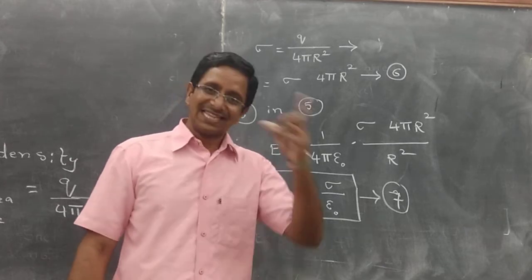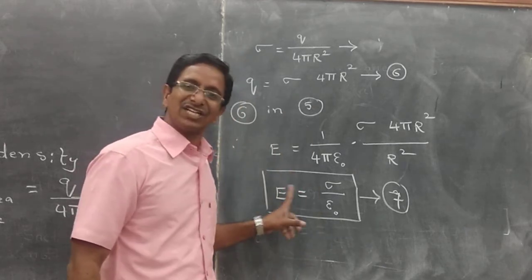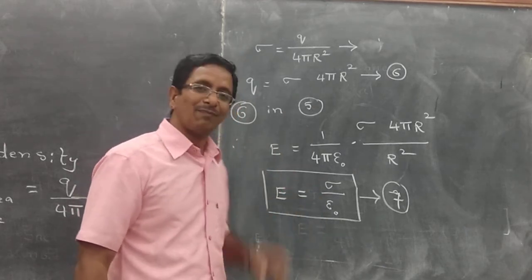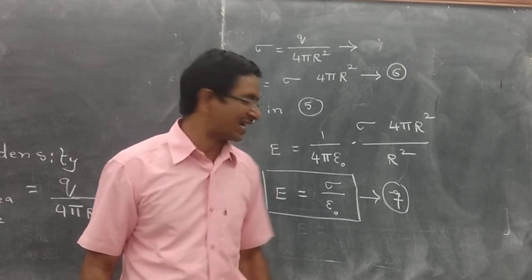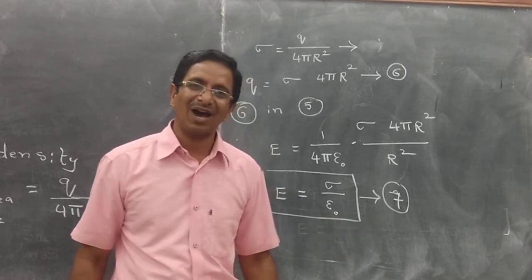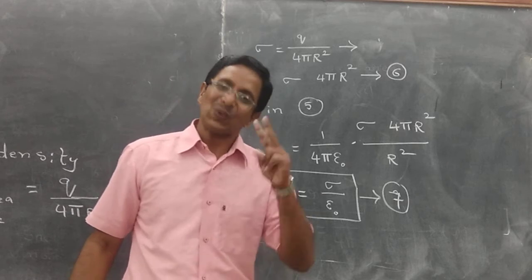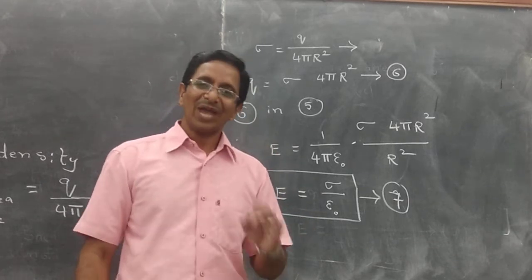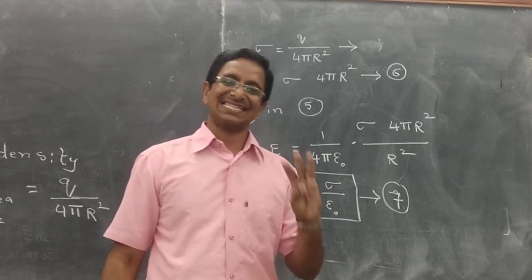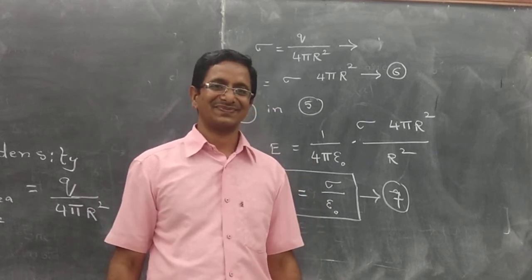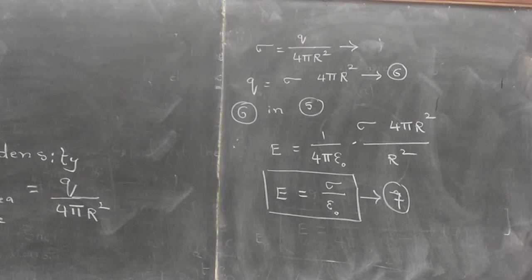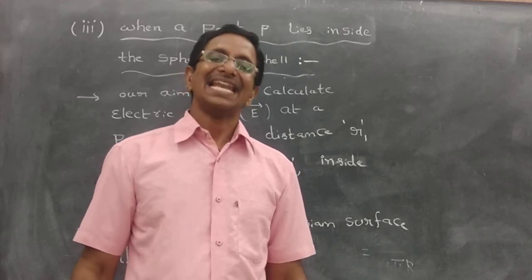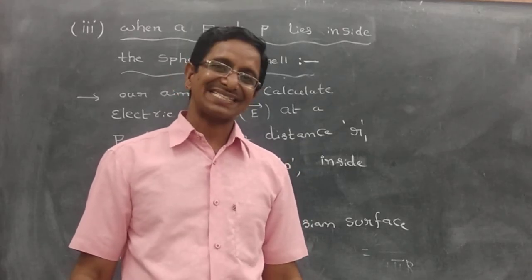At the same time, the electric field is equal to sigma by epsilon naught. This is another formula. These two formulas we studied in case 2. Now we are going to discuss case number 3.